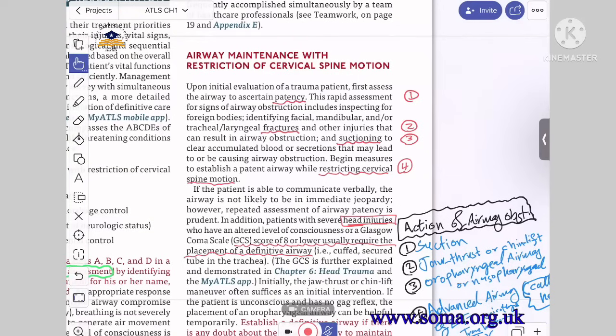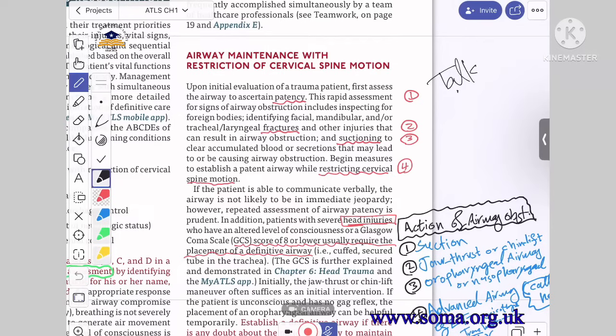If any patient can talk, this mostly means patent airway. You have to check for any fracture, you have to do suctioning, and you have to restrict cervical movement.